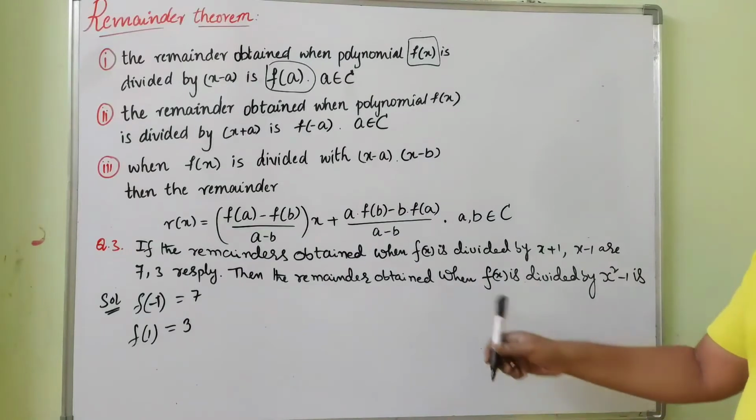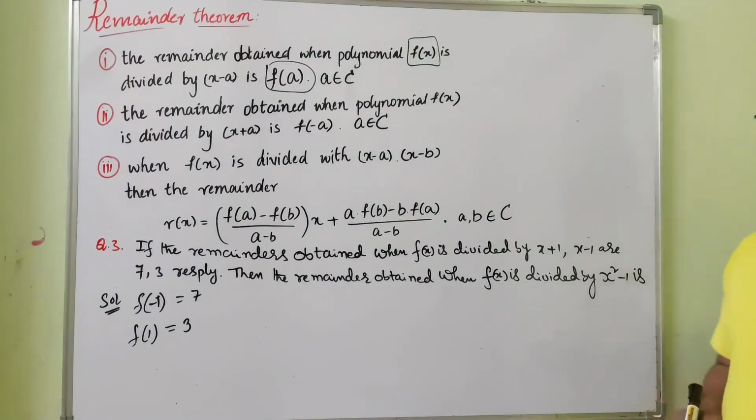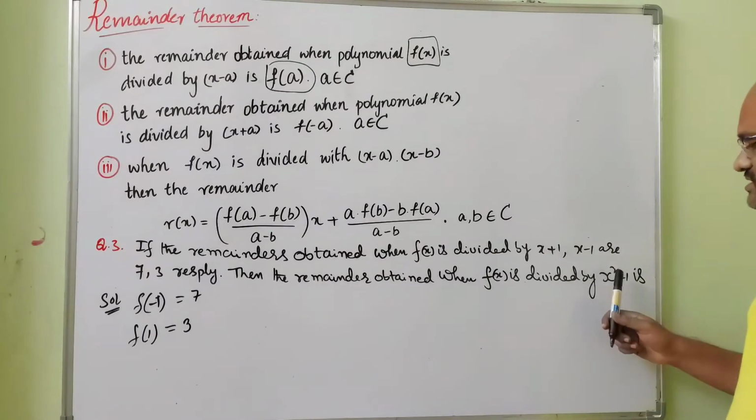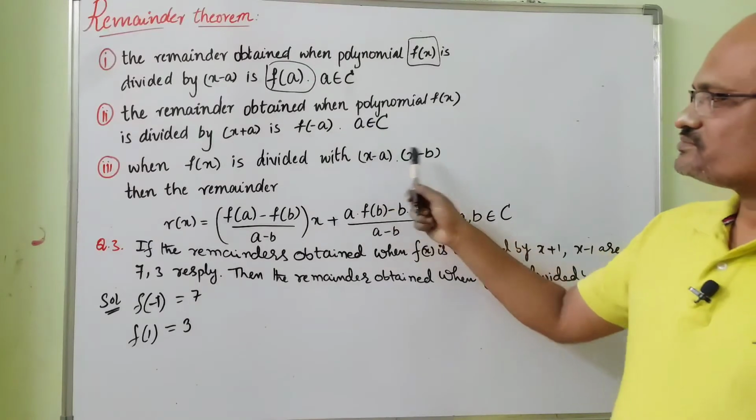Now we have to find the remainder obtained when f of x is divided by x square minus 1. X square minus 1 means what? X plus 1 into x minus 1.